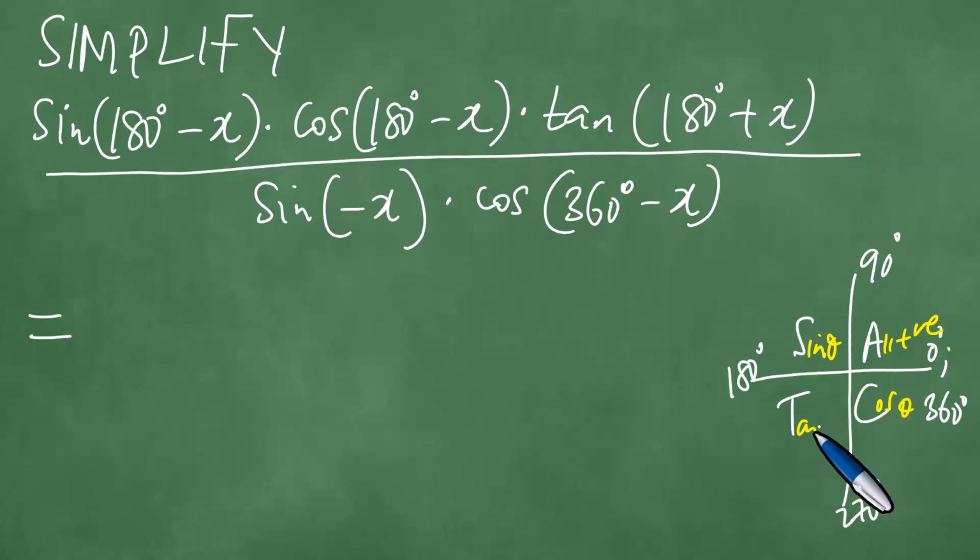So this is the usual cast diagram. Here you have 180 degrees minus, and here you have 180 degrees plus. And here you have 360 degrees minus theta.